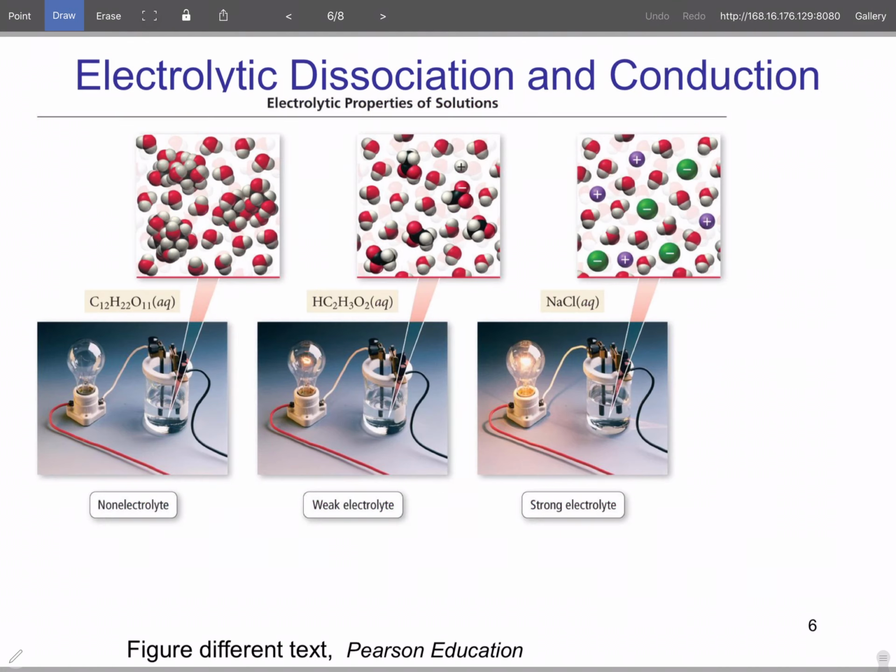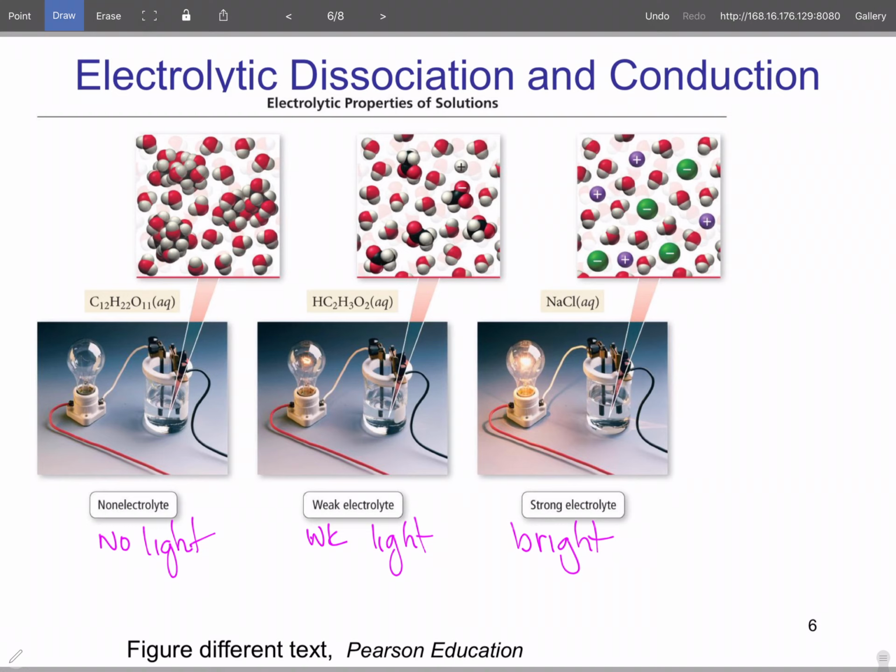All right, now here is your electrical conduction. Here is a picture I got out of a Pearson text, and you see no light, weak light, and it's bright here.